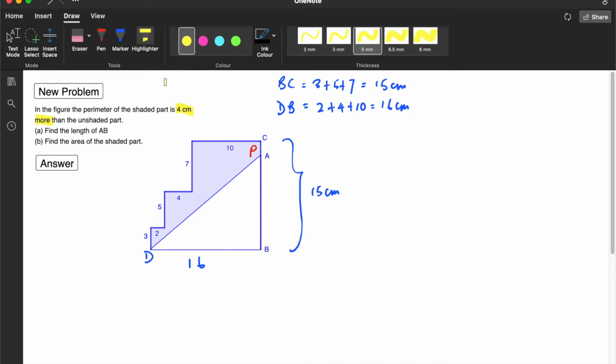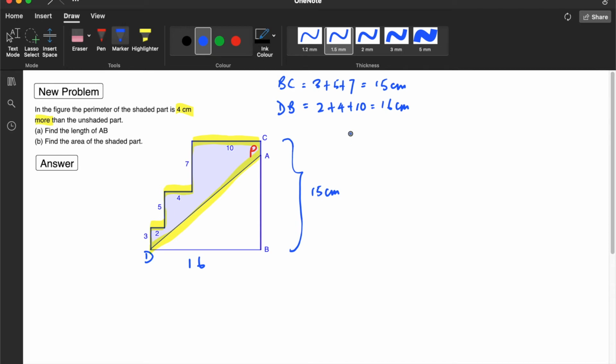So what is the perimeter of the shaded part? It will be from here, following these steps, and including this slant length.